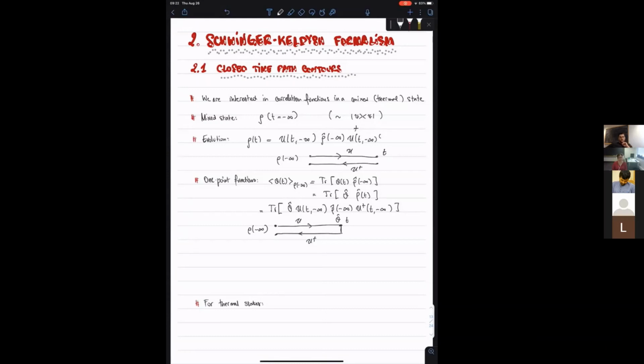One thing we should notice is that, because U is the evolution operator, a unitary operator, we can always insert at any point the identity, which is equal to U of t, plus infinity, and the anti-evolution, U of plus infinity, t.